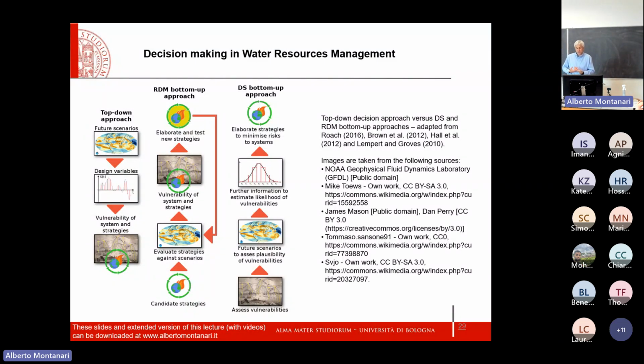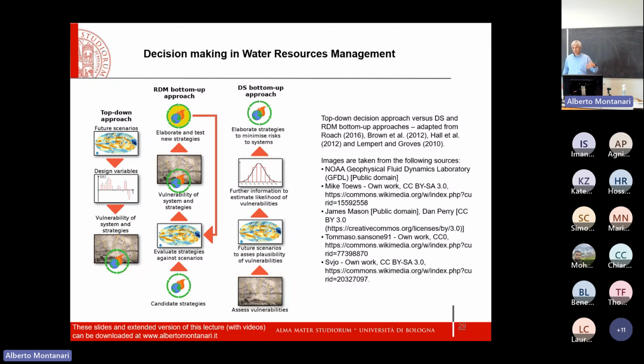Because as I said several times, there are some situations and some vulnerabilities which are not really much affected by climate changes as predicted by climate models. And therefore, we try to identify whether in decision scaling these vulnerabilities are increased against climate prediction.